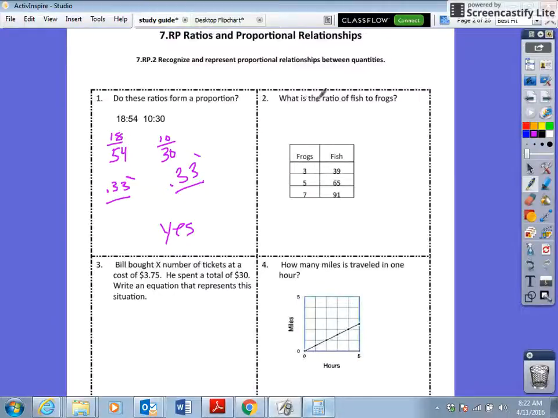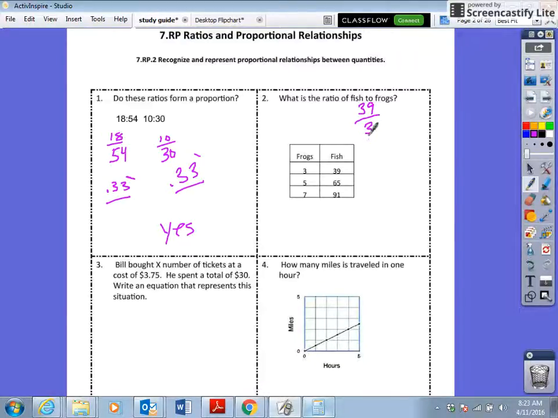Okay? What is the ratio of fish to frogs? Well, here's how many frogs, here's how many fish. So they're telling us that these are proportional. So what is the ratio of fish to frogs? Well, fish, 39. And frogs is 3.